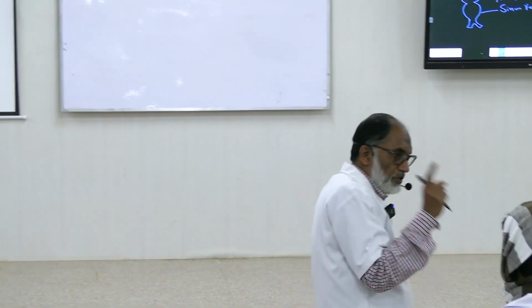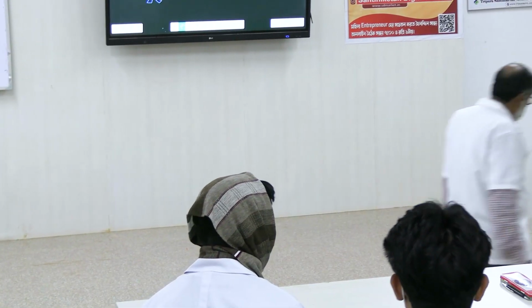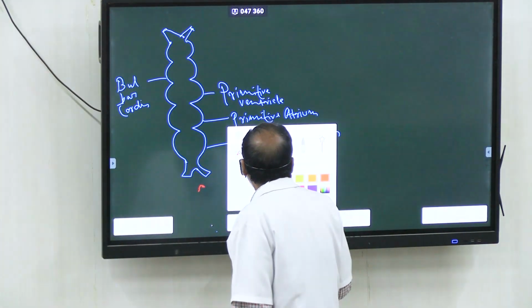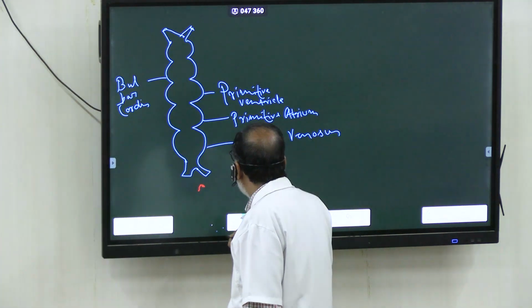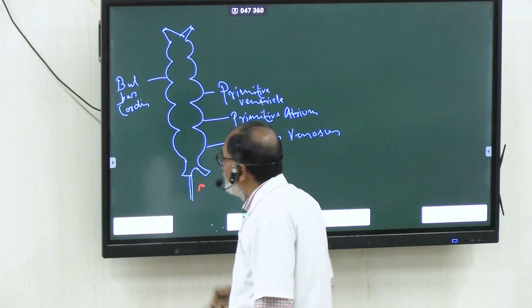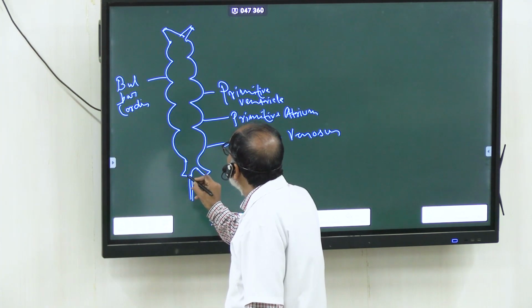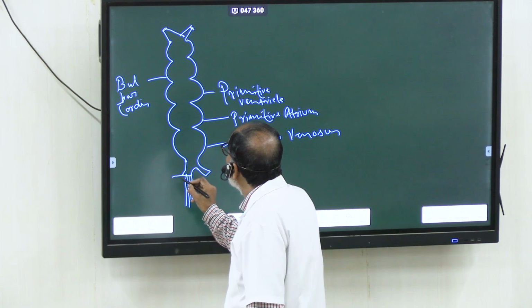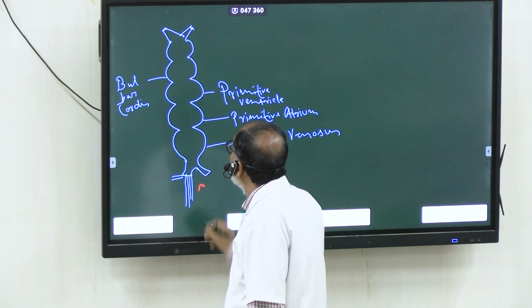So these three veins from medial to lateral: most medially lies vitelline vein, then umbilical vein, and most laterally common cardinal vein.